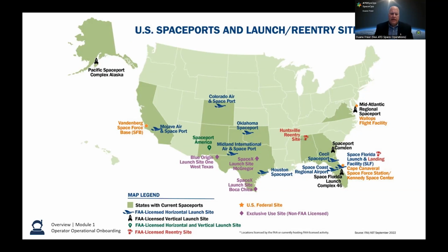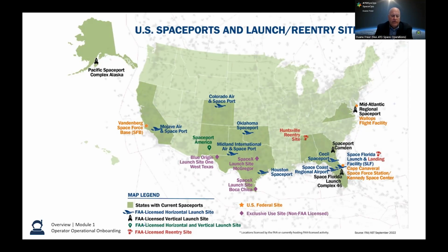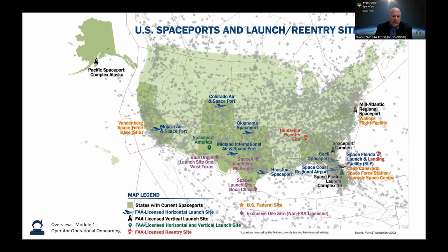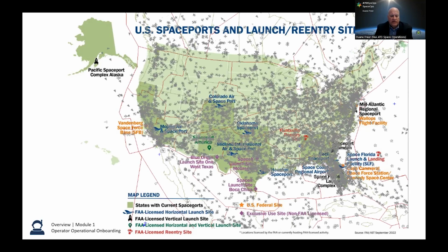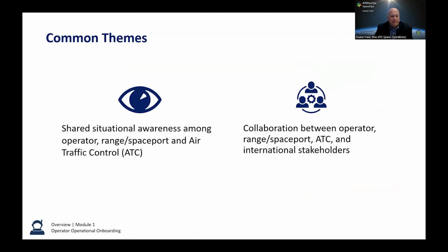Our job within our office is to integrate the operations to and from those locations through the aviation community that we have on any given day. So it's a very complex mission, integrating those operations through the aviation that's in the system at any given time. I thought that picture just says volumes about what the challenge is.